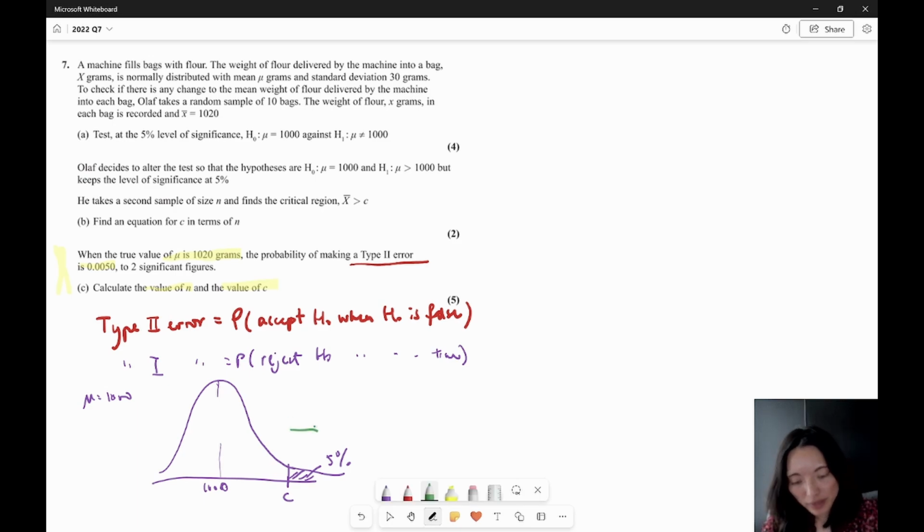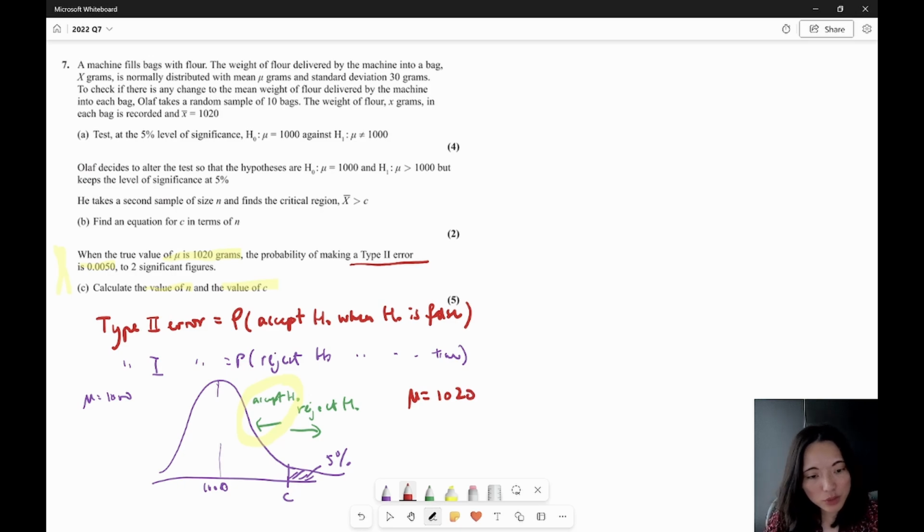That means that to the right of C, if x bar is greater than the value of C, we reject H0. And if x bar is less than C, we accept H0. The question is asking, what's the probability of us accepting H0, doing this to the left of C, when H0 is false?